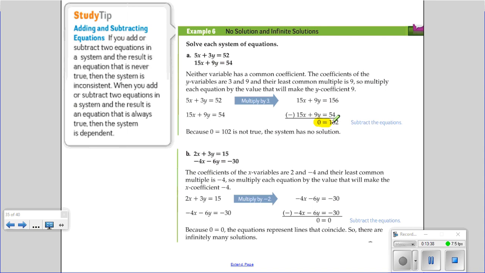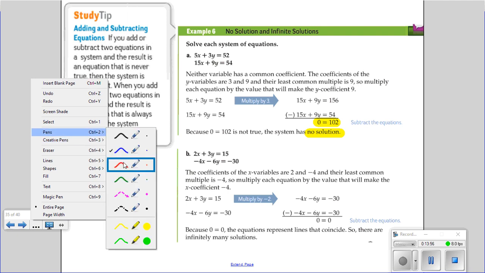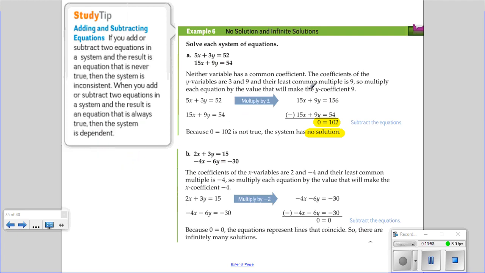When you have a false outcome like 0 equals 102, that system will have no solution. In other words, if you go back to thinking about our graphing methods, the systems with no solutions were parallel lines, meaning they never cross.